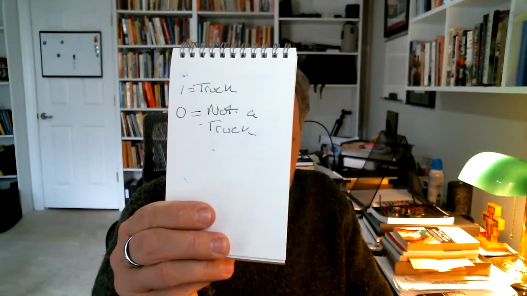All right. Now, within that category that you've assigned the number 0 to, that holds everything that's not a truck: cars, minivans, SUVs, little Priuses, motorcycles, everything that is not a truck.